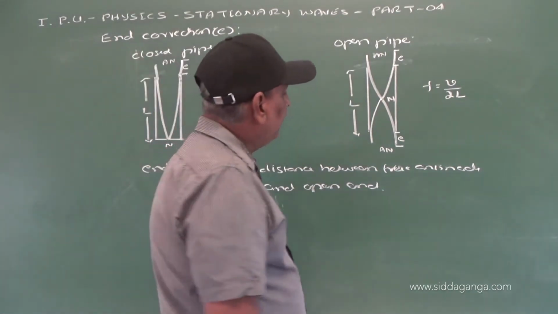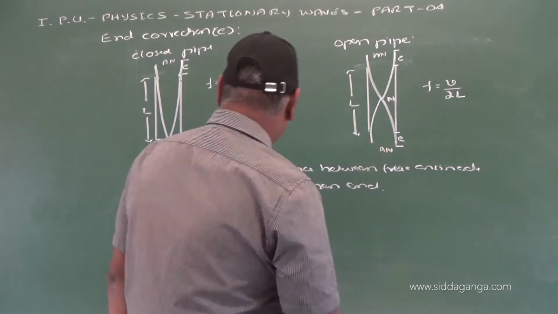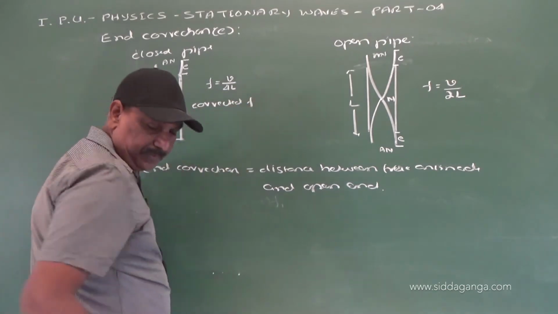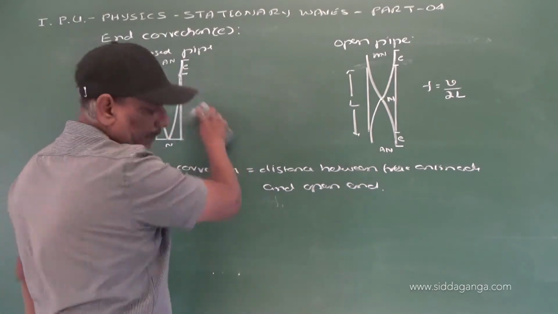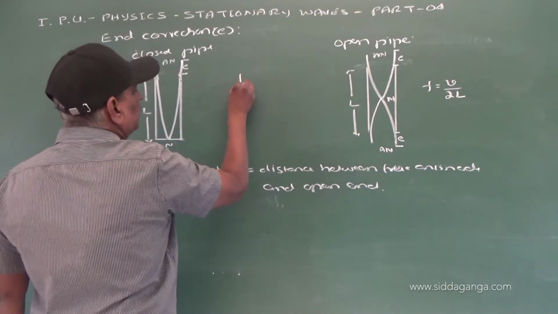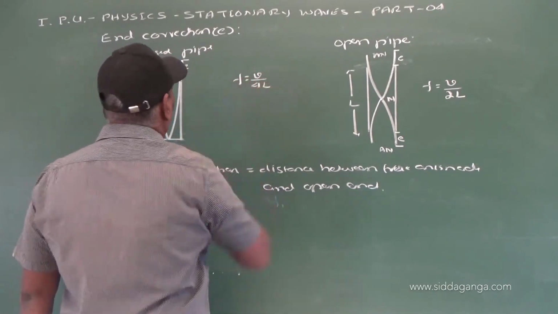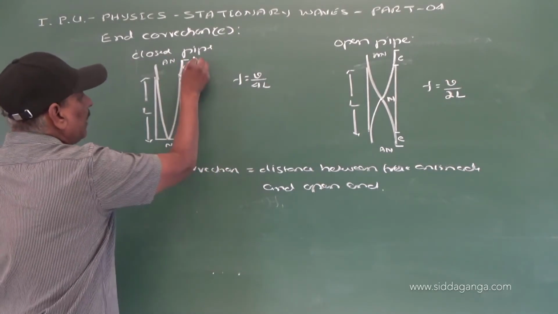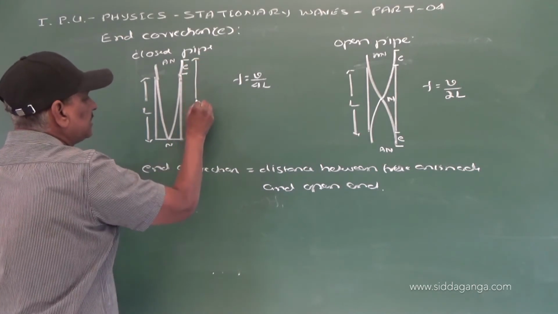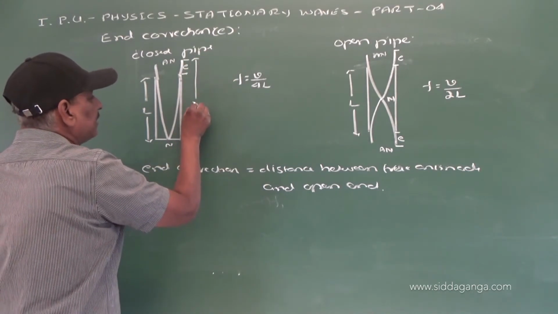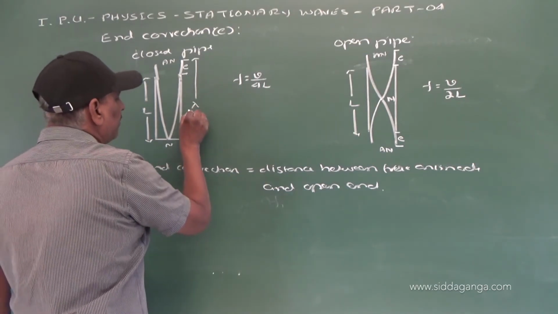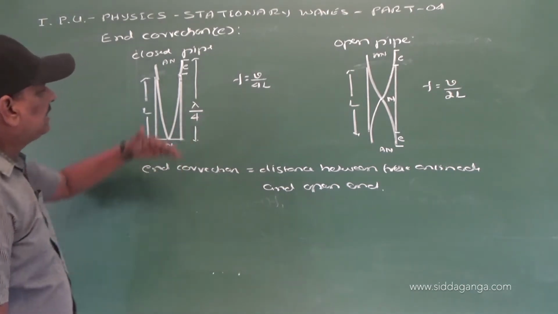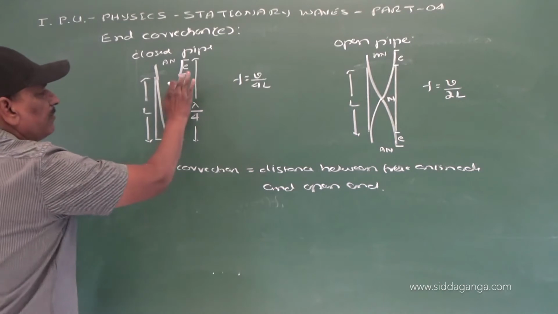Now, the corrected formula. This is the antinode and this is the node. This distance is lambda by 4. That means L is not equal to lambda by 4.